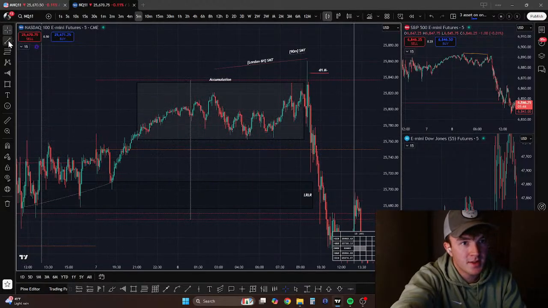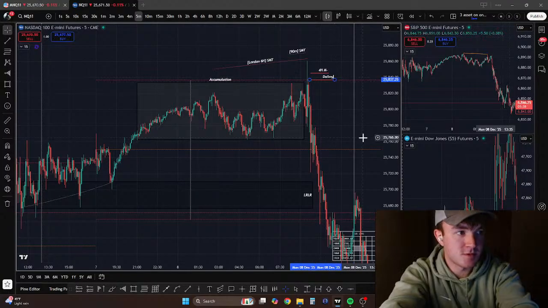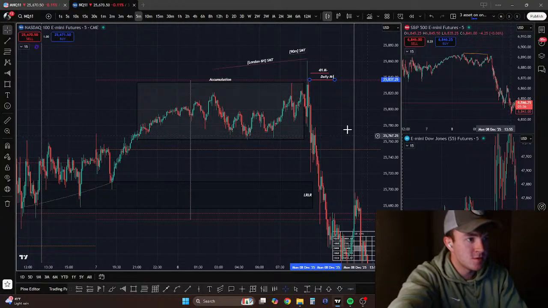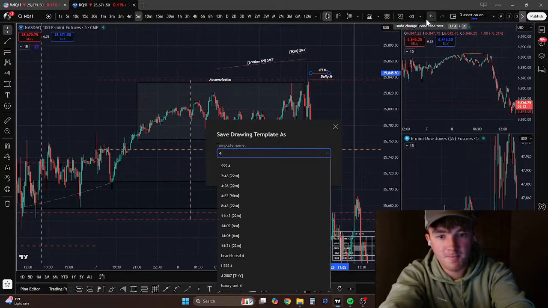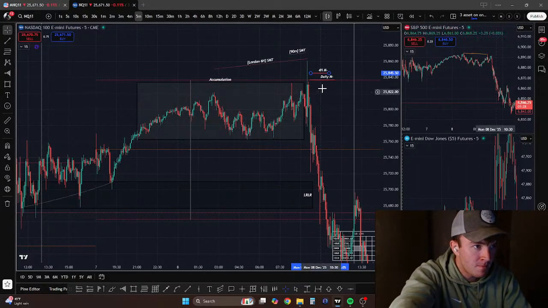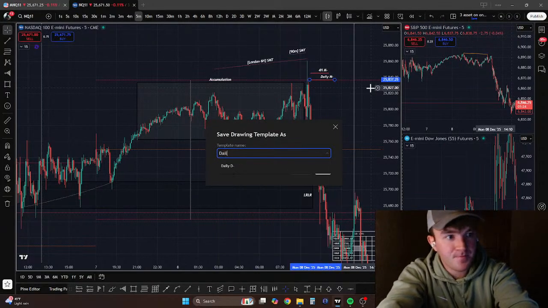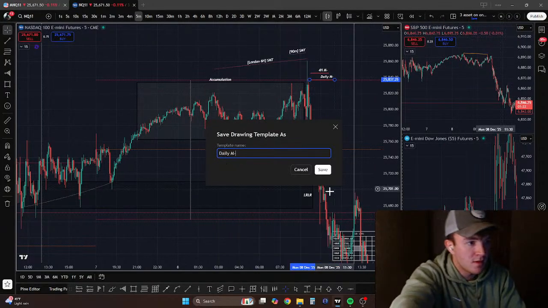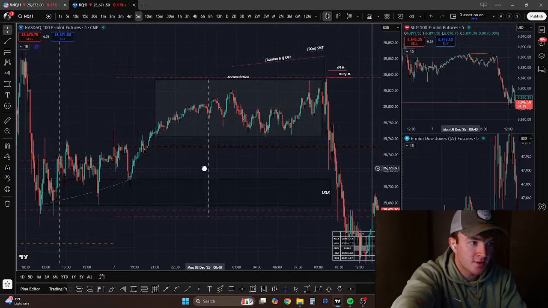And then yeah, we go to the daily manipulation level as well. And then we go down to those low resistance lows.